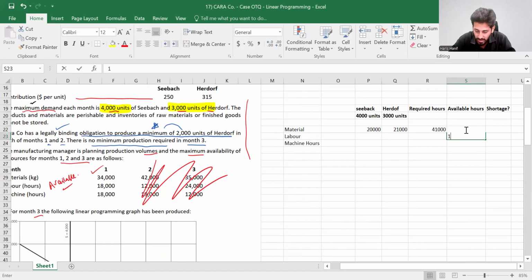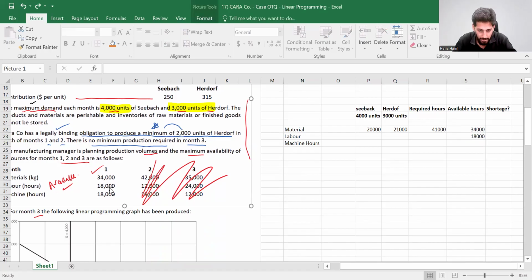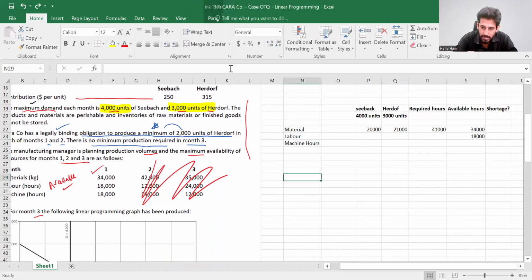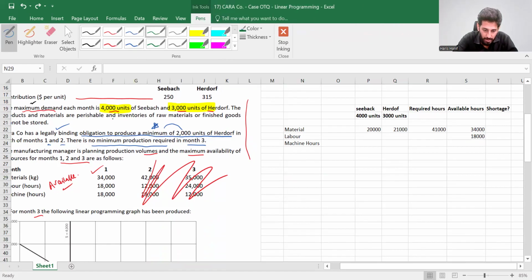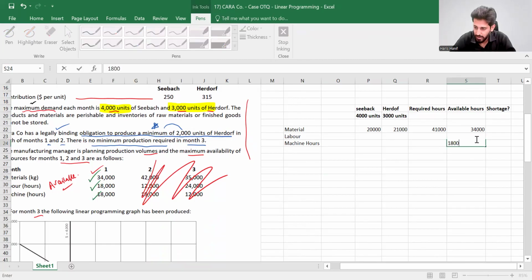Labor available is 18,000. You can see right away: material 34,000, labor 18,000, and machine is also 18,000. Remember, you are studying linear programming, and there may be multiple limiting factors.